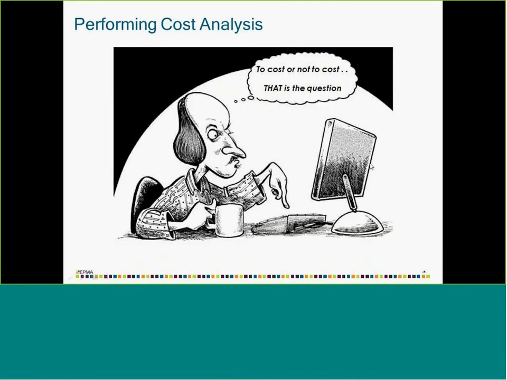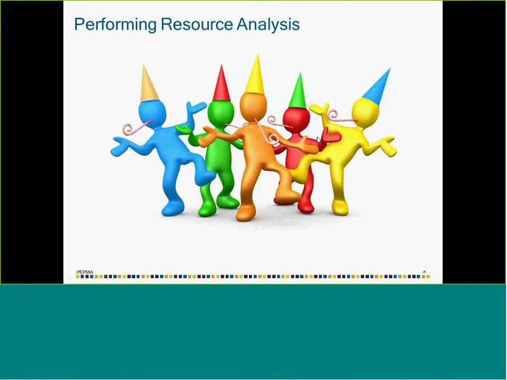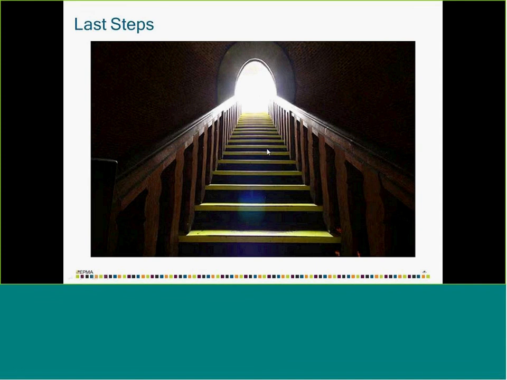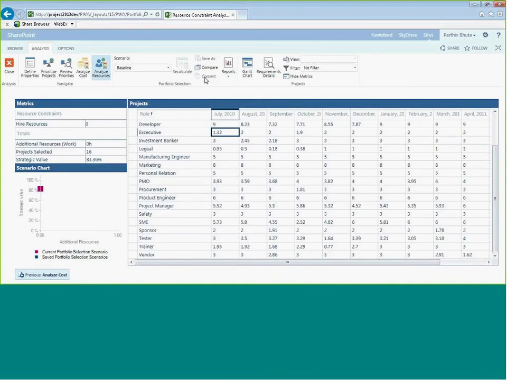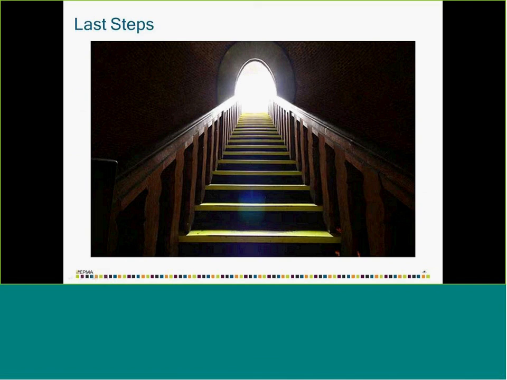Basically, commit will update 6 different project level fields: the committed planned end date, which is when your finish date for this project is, committed planned start date, committed portfolio selection date, so when you actually ran this portfolio and when you committed to the portfolio, and a couple of the decision dates for cost analysis and the resource analysis. When you perform the cost analysis and the resource analysis, it actually gives you that information also.